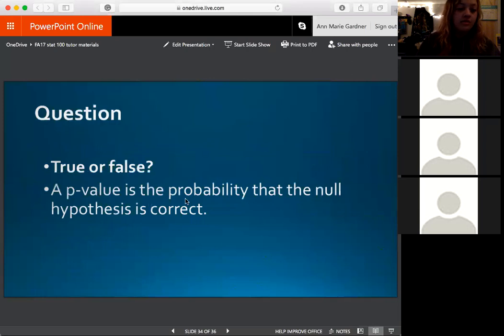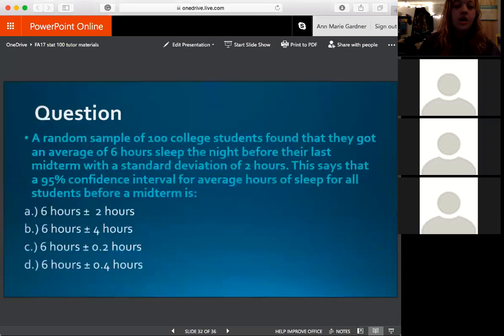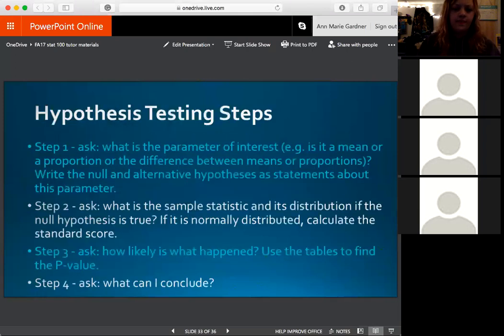So, and 1 minus p. I guess 1 minus p would be showing you the percent of the data that's supporting that it's correct. So you want a large percent there.